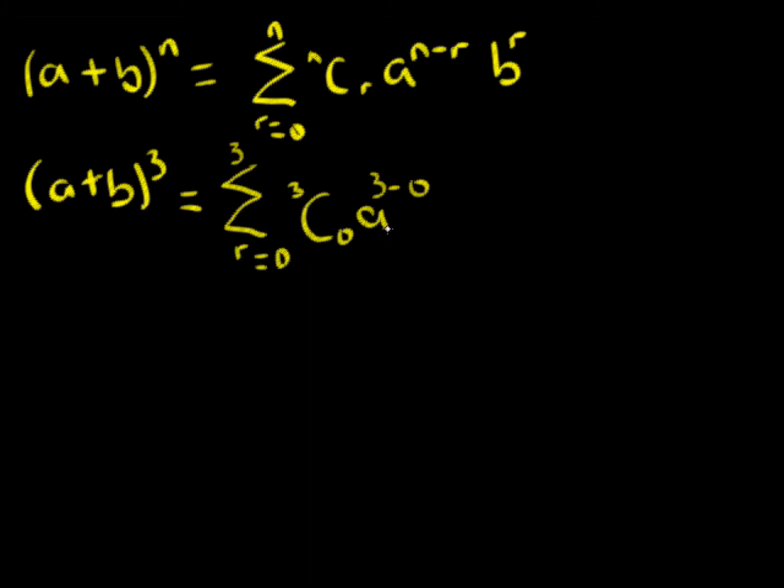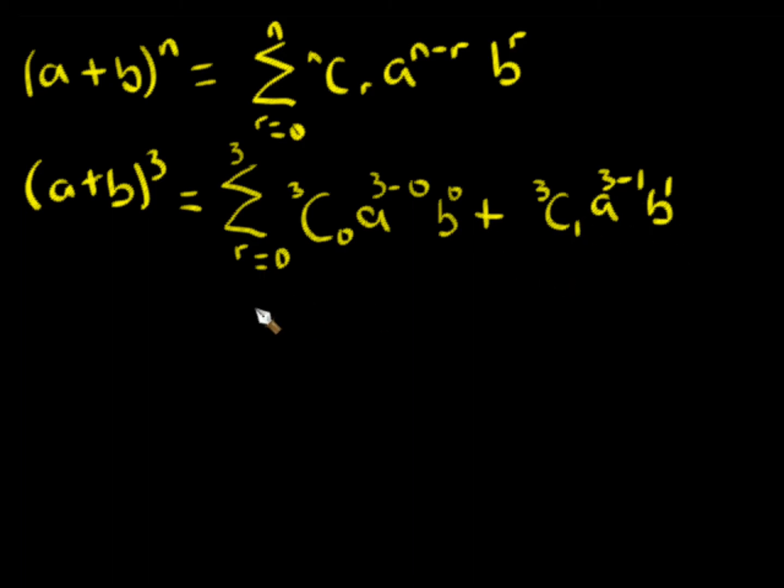So let's continue. This gives us b raised to power 0 because r is 0, plus 3 combination 1. Now our r is 1, multiplied by a raised to power 3 minus 1, multiplied by b raised to power 1, since our r has increased to 1.